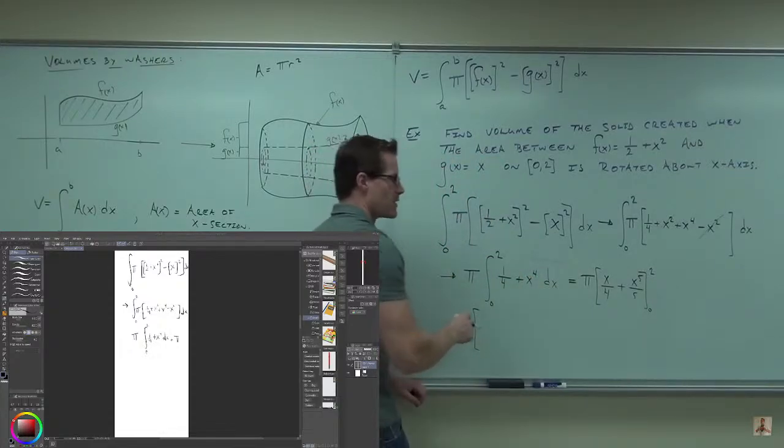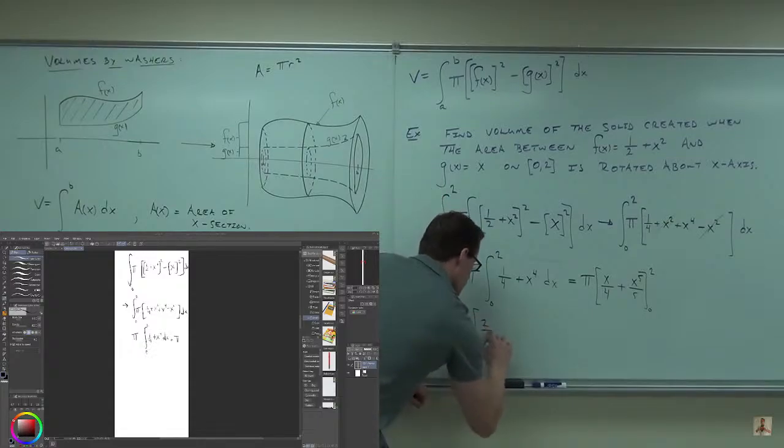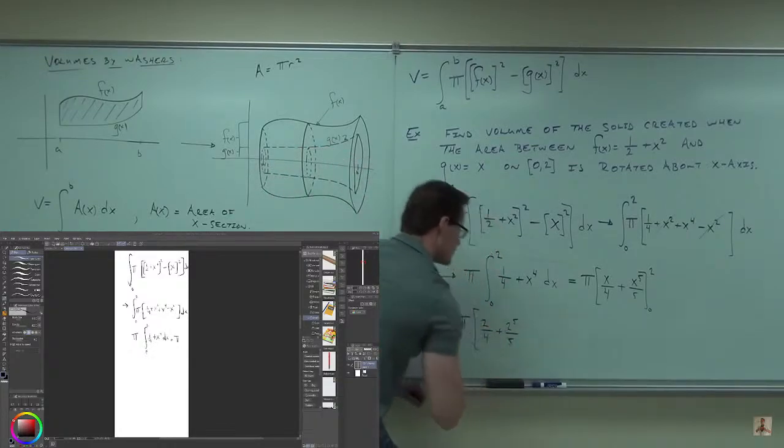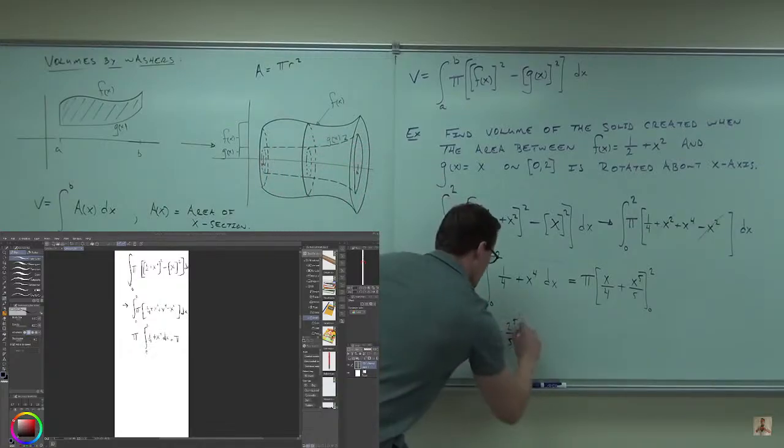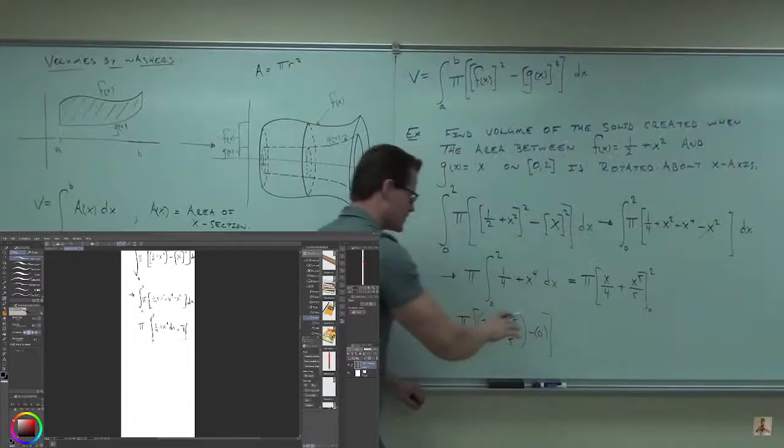So I'll have my pi out there. I'm going to do 2 over 4, plus 2 to the 5th over 5. And then I'll subtract, but when you plug in 0, you're going to get 0. So I'm just going to show it this way, just to make sure I don't have anything wacky going on with that 0. Make sure I have it up there. That's going to be our volume when we multiply by pi.